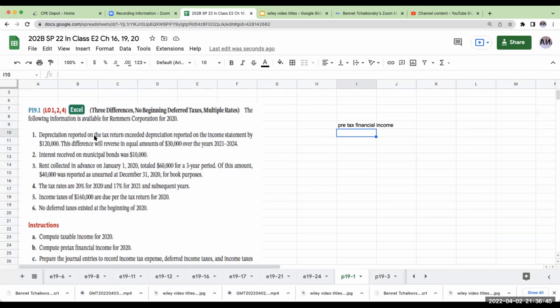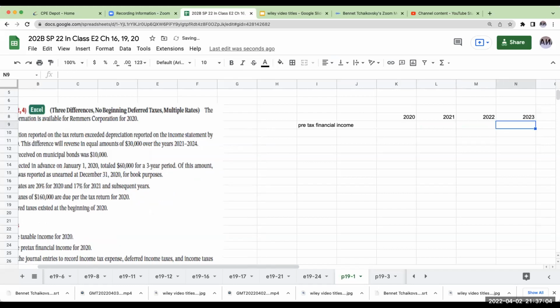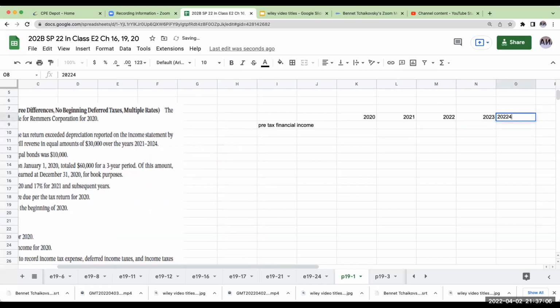So depreciation reported on the tax return exceeded the depreciation reported on the income statement by $120,000. So we're in 2020. And this is going to reverse itself out over the next few years in 2021, 2022, 2023, and 2024. So what this means is that I took a temporary difference, depreciation expense.